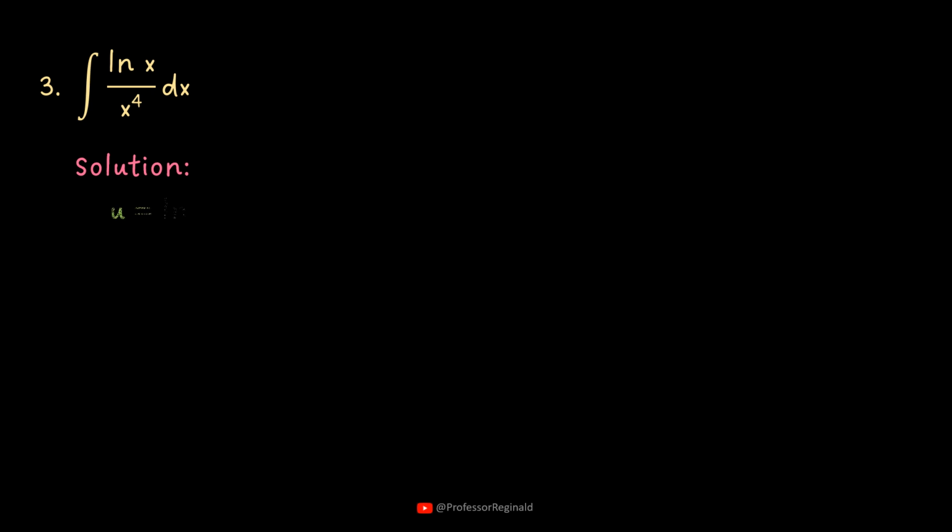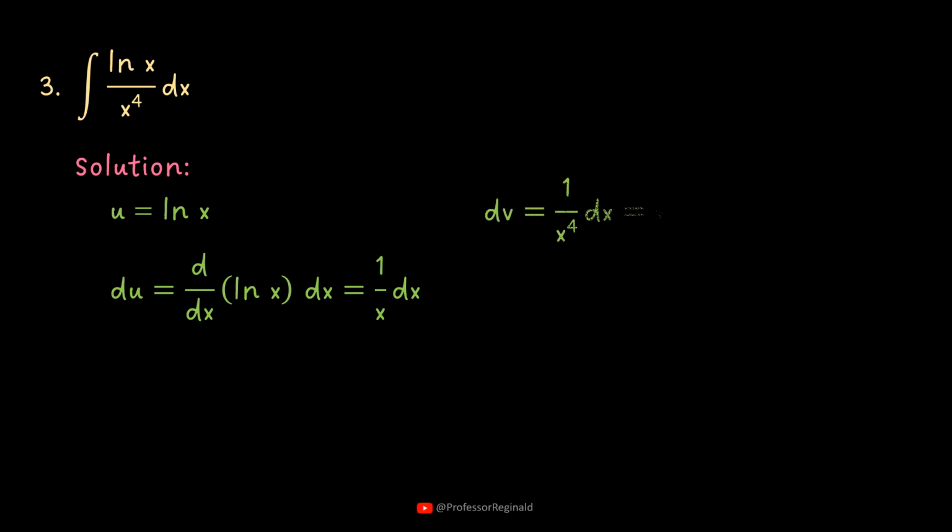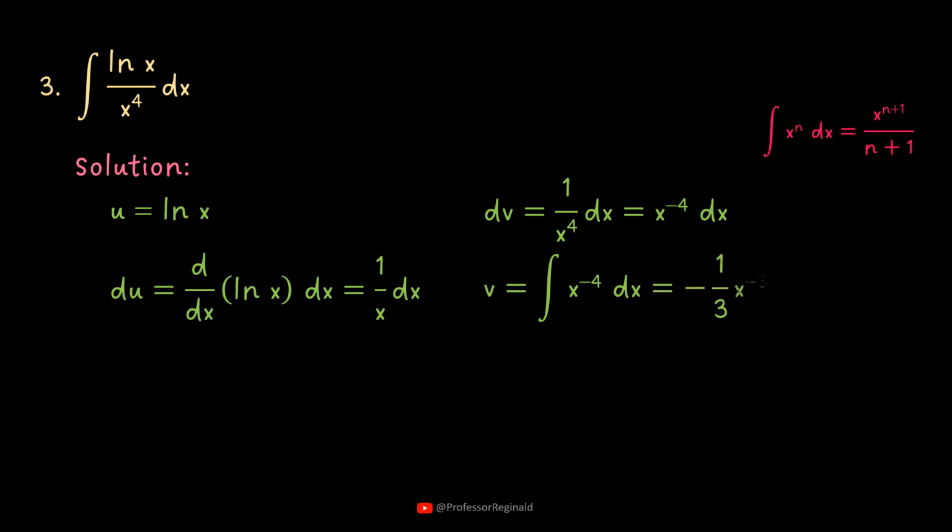Let u equals the natural logarithm of x, which means du equals 1 over x dx. Meanwhile, let dv equals 1 over x raised to 4 dx. Get v by integrating using the power rule. v equals the negative of 1 over 3x cubed.